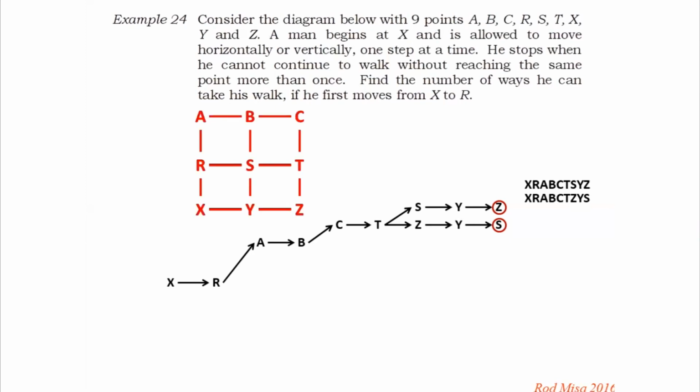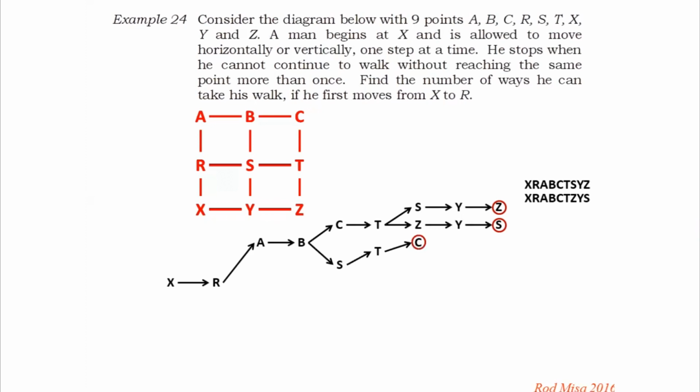But suppose he moves from point X to R, then A, then B, but instead of moving to point C, he moves to point S, and then from S to point T, and from T to C there. But he cannot move anymore since he has passed already these points B and T here. So that's the end of his walk.